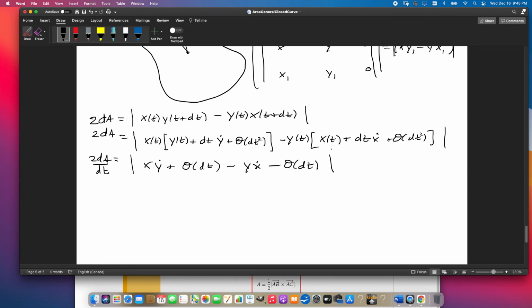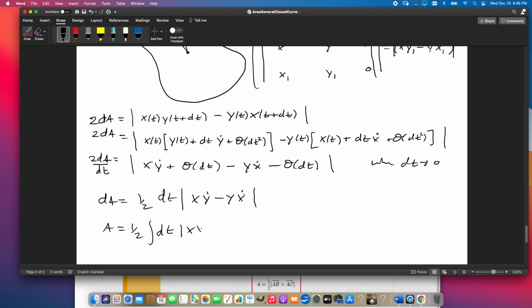So this is all valid when dt goes to 0, so we can neglect these terms. So we'll get dA is equal to 1/2 dt times the absolute value of x y dot minus y x dot. And then the area is 1/2 the integral of dt times the absolute value of x y dot minus y x dot.